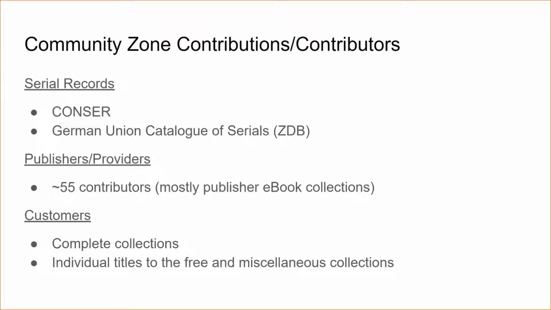The other source, in general for non-serial content in terms of fuller level records, is our publishers and content providers. According to the Ex Libris documentation, there's about 55 of those publishers or content providers that contribute metadata.